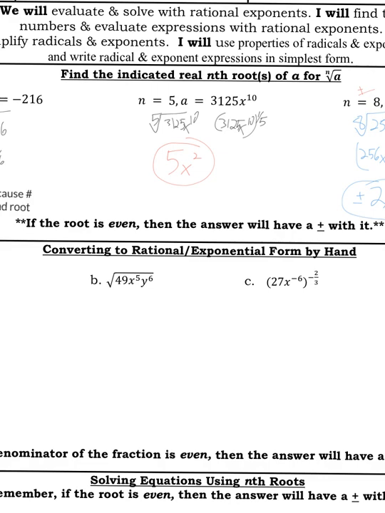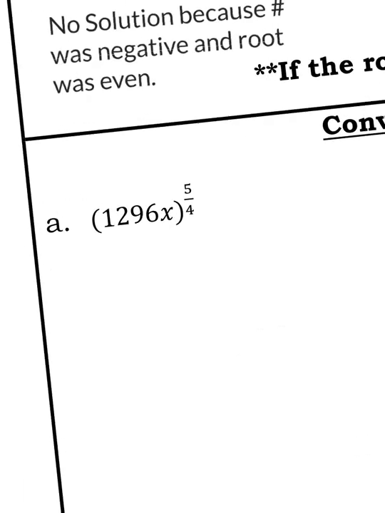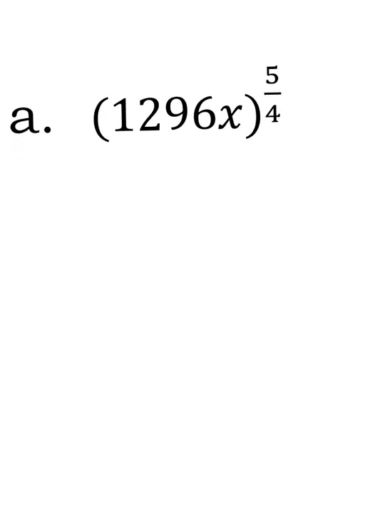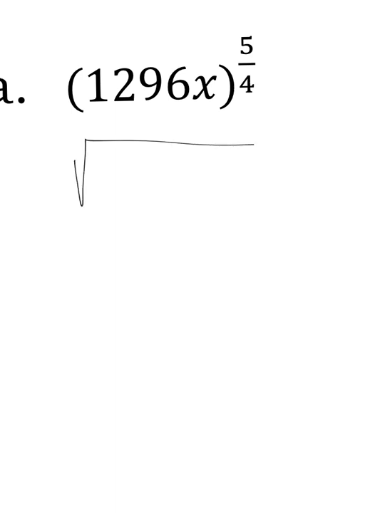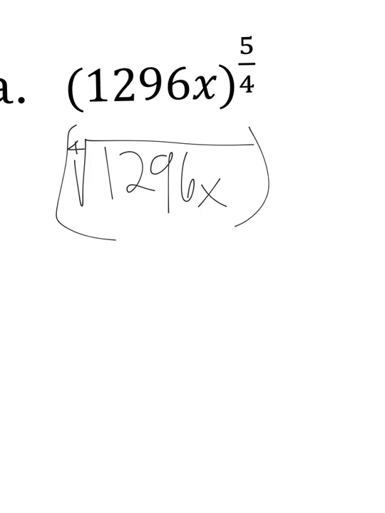Okay, so here I'm going to convert to radical or exponential form depending on what I started with, and then I'll simplify it as well. Looking at A, this is an exponential form, and if I were going to convert this to radical form, you would just write it as the 4th root of 1296x, and then that's going to be raised to the 5th power.